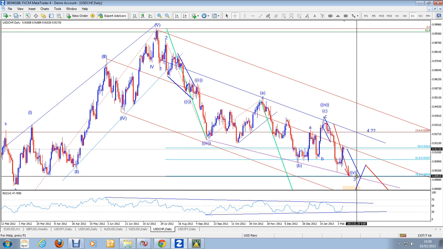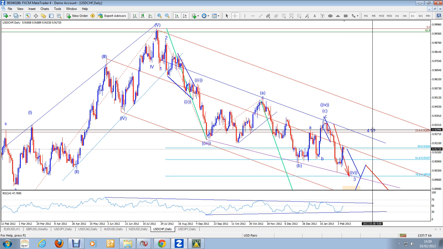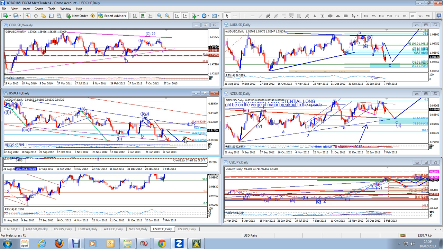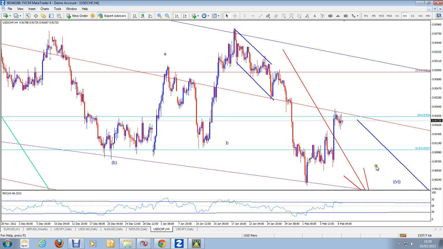So we're expecting a lower low in the dollar Swissy, and then a deeper retracement back up to 92, 93 or so before continuing lower. So in that way, I think the dollar could weaken enough over the next few days to produce that retest of the last low and complete the 5 wave to the downside.